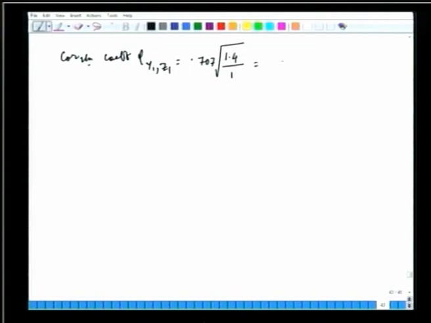We can calculate this to get the correlation coefficient, and similarly I can get the correlation coefficient between y1 and z2, right.